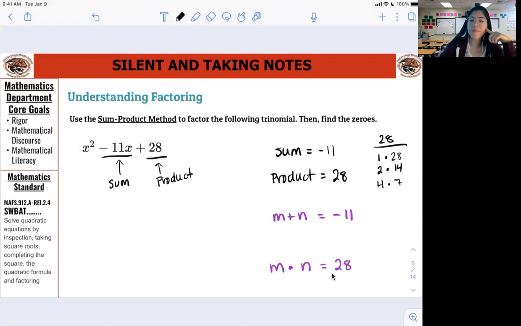So notice, since the product is a positive number and the sum is a negative number, I know that my factors either both have to be positive or both have to be negative, right? Because if I end up with a positive answer, then these two numbers are either both positive or both negative. But since the sum is a negative number, can you end up with a negative number when you add two positive numbers?